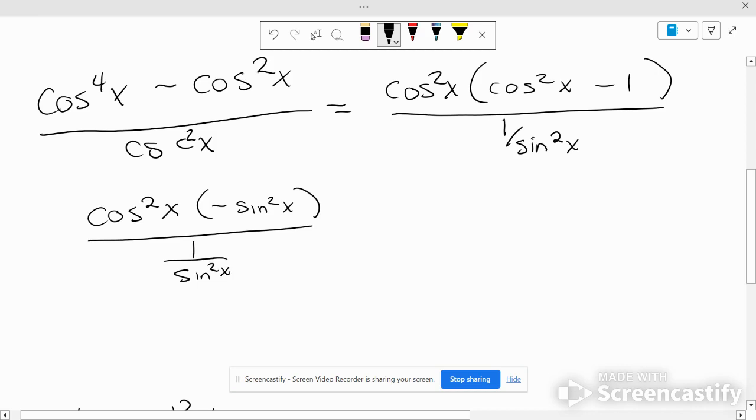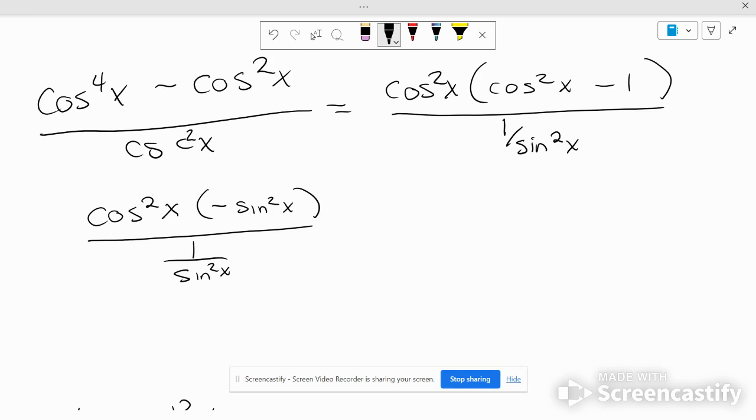How do I know that? Because you look at the Pythagorean identity of sine squared plus cosine squared equals 1, and you solve it. So you subtract sine squared from each side, subtract 1 from each side, cosine squared of x minus 1 equals negative sine squared of x. Now we have a complex fraction.